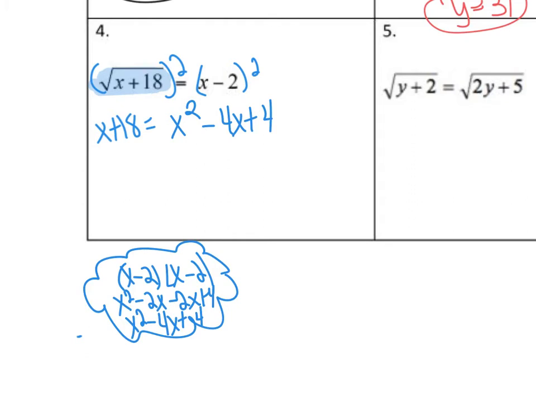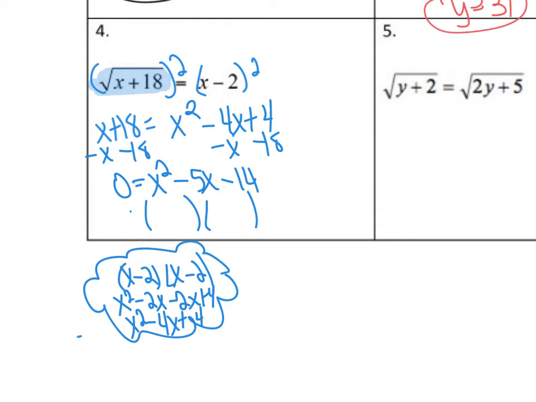And since it's a quadratic, we need to get it set equal to 0. So I'm going to subtract x from both sides, and subtract 18 from both sides. And I have 0 equals x squared minus 5x minus 14. To factor that, if you're still struggling with the quick factoring of things, I can think what times what equals negative 14, and what plus what equals negative 5.